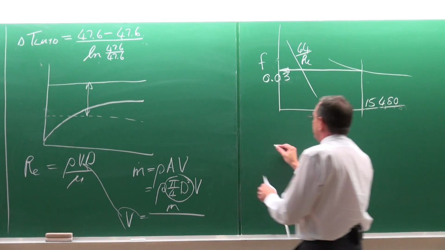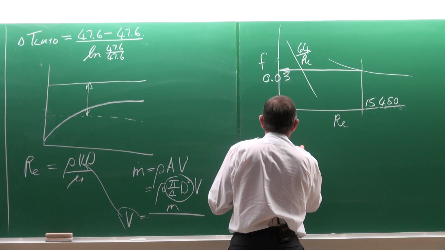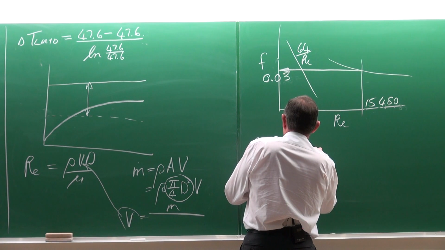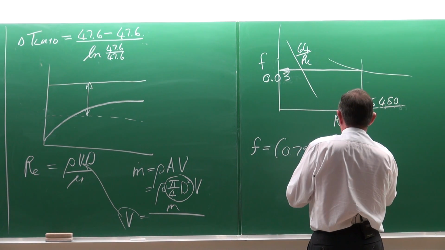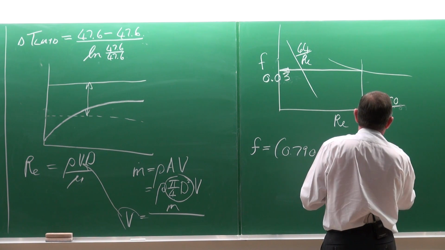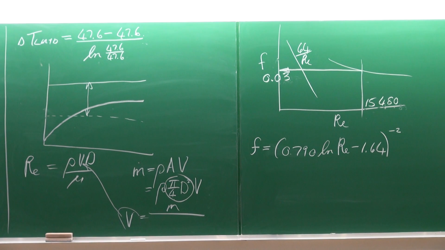The alternative, more accurately, is to calculate the friction factor as equal to 0.790 ln of the Reynolds number minus 1.64, to the power minus 2. I think that's the Colebrook equation, something like that.